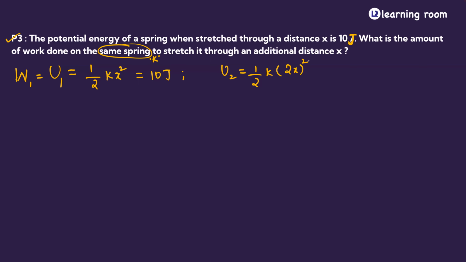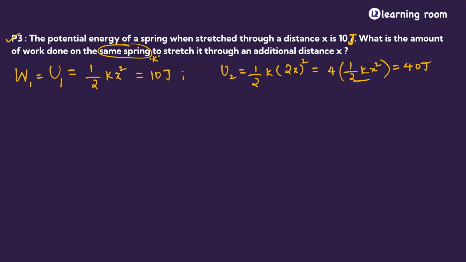Means I am calculating the energy that is getting stored when the spring is extended from 0 to 2x. So from 0 to 2x, how much is the energy that is going to get stored? It will be 4 into half kx square. But we know that half kx square is 10. So it will be 40.